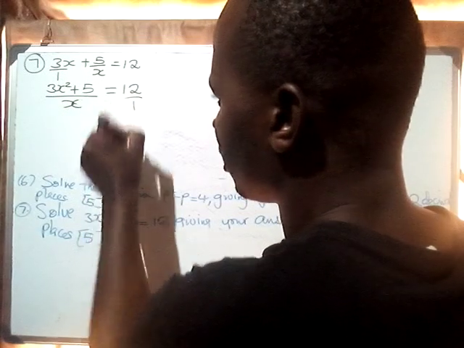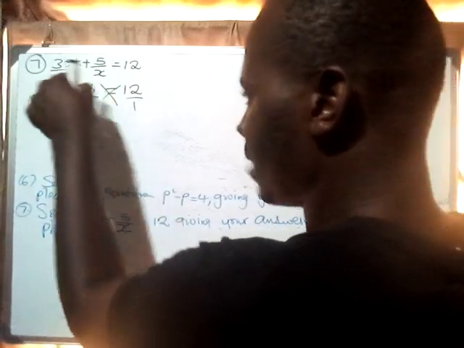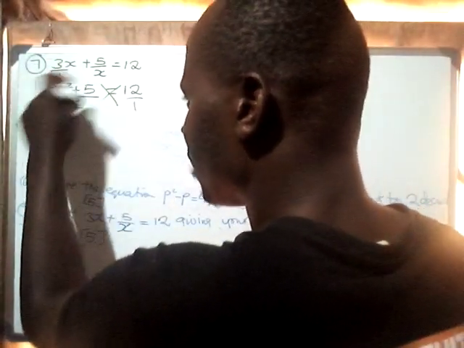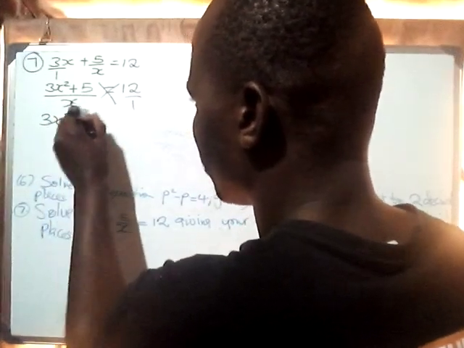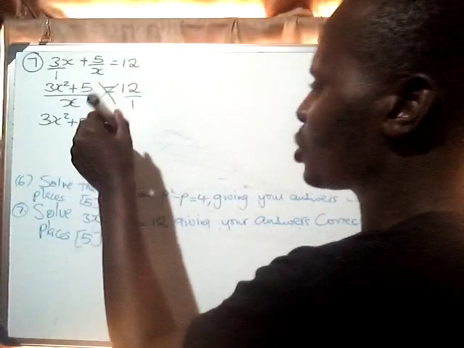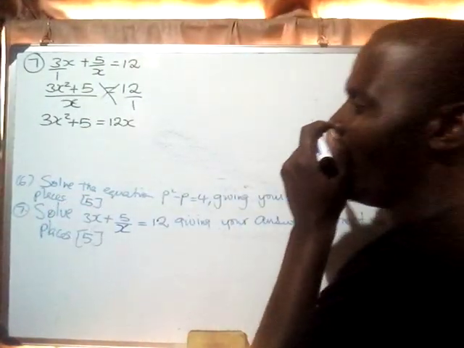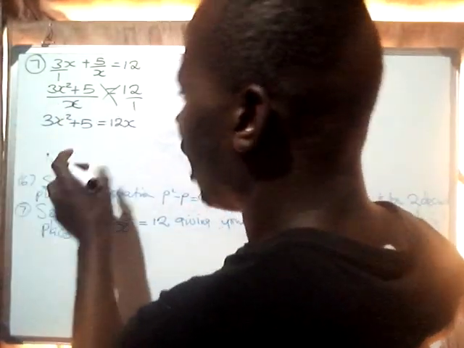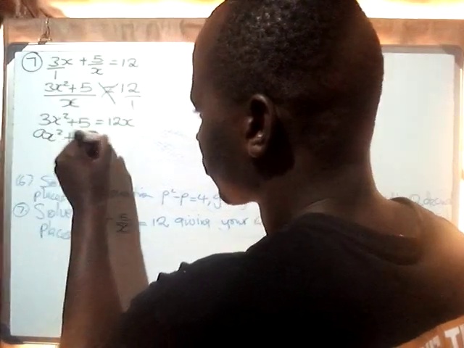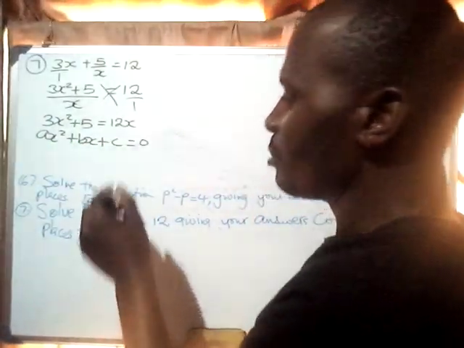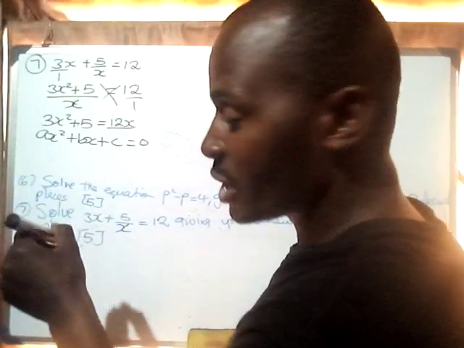Now when we reach here, we cross multiply. This 1 times this and this times this. So 1 times everybody there will be the same thing. x times 12, the answer will be 12x. Now we make this equation be in the form of a quadratic, meaning this has to come and be the second term.